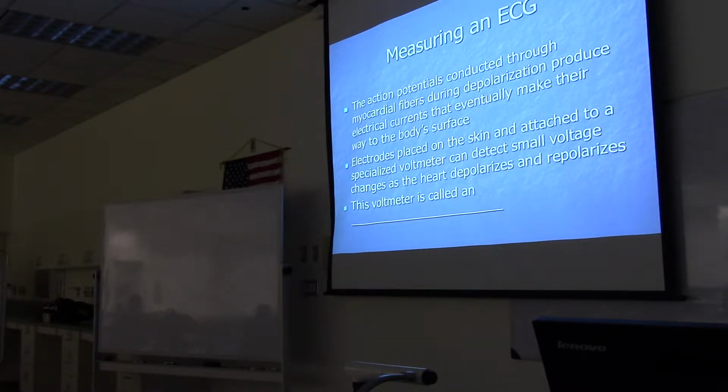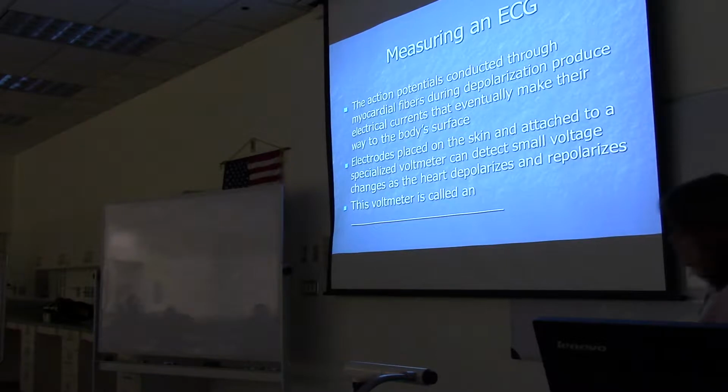Electrodes placed on the skin and attached to a specialized voltmeter can detect small voltage changes as the heart depolarizes and repolarizes. This voltmeter, the machine they use, is called an electrocardiograph.